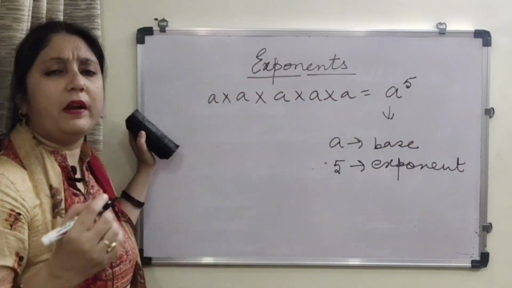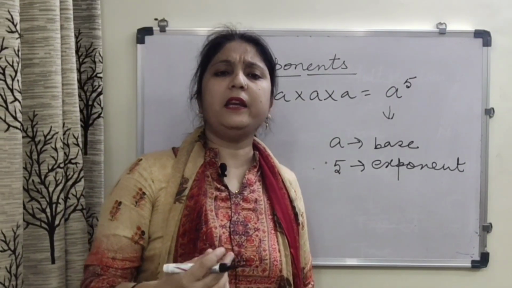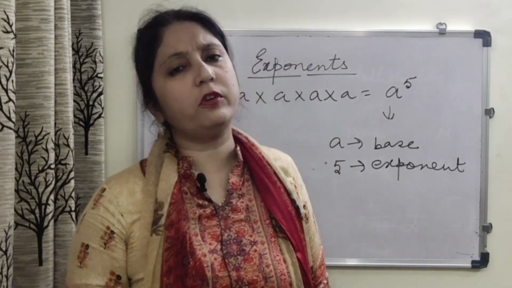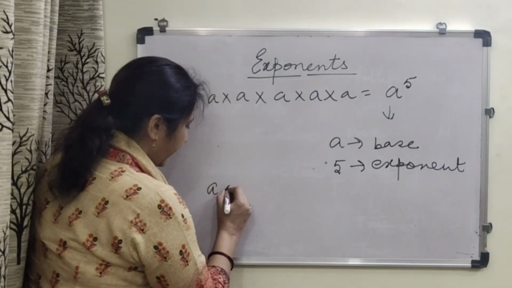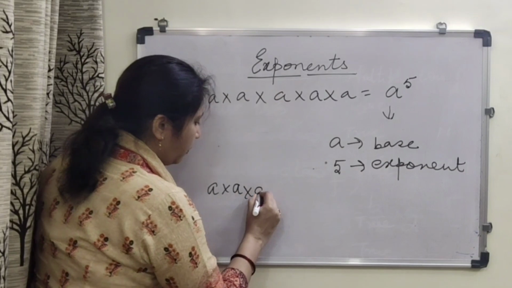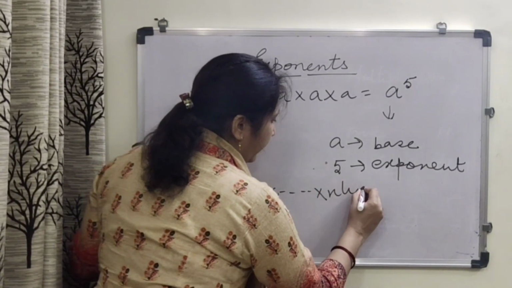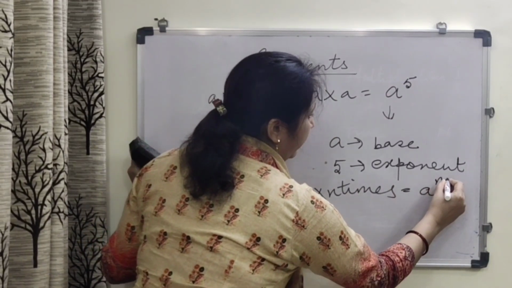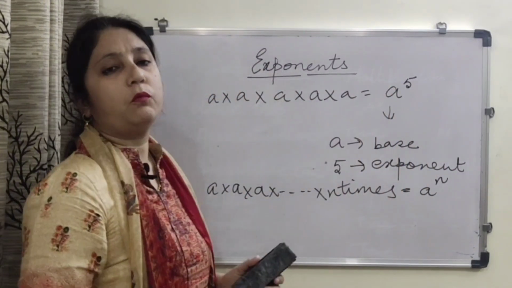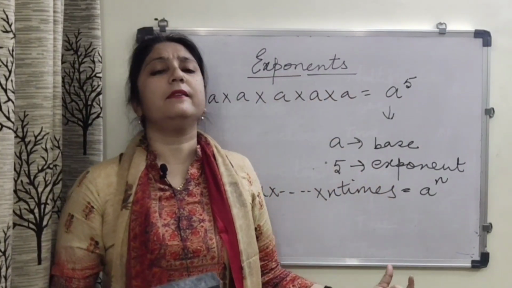We have generalized this for any real number a and positive integer n: a multiplied into a up to n times gives you a to the power n. Children, I said a is a real number.